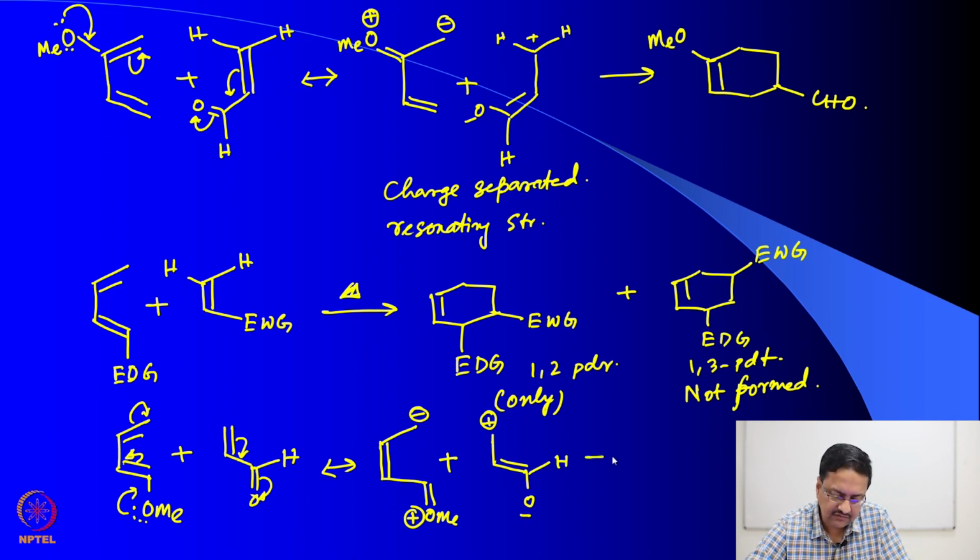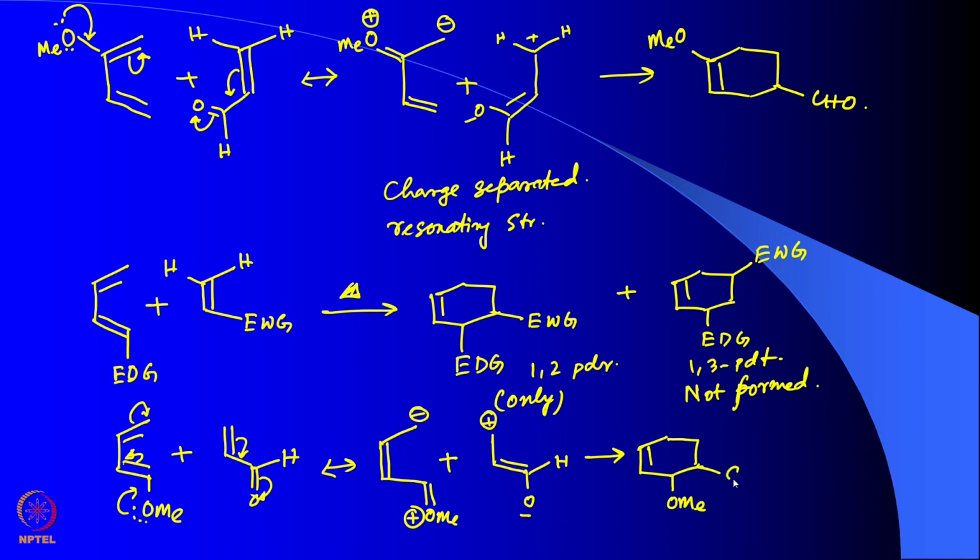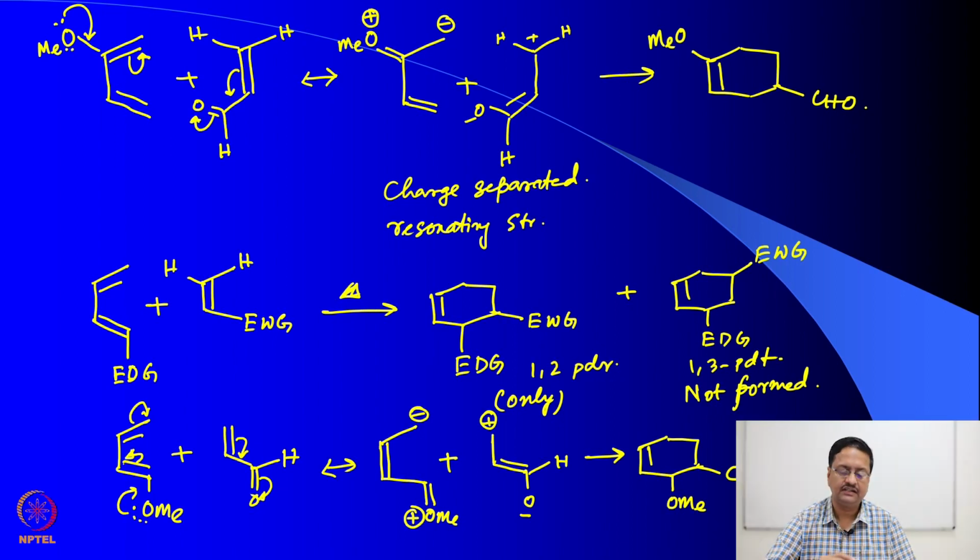So, as a result, the product that would form out of this reaction is this one. So, this is how we can think of doing a Diels-Alder reaction using some unsymmetrical diene and unsymmetrical dienophile. So, from here we will continue in the next lecture. Thank you.